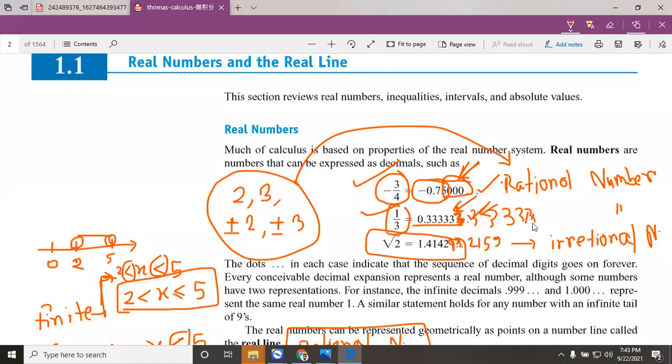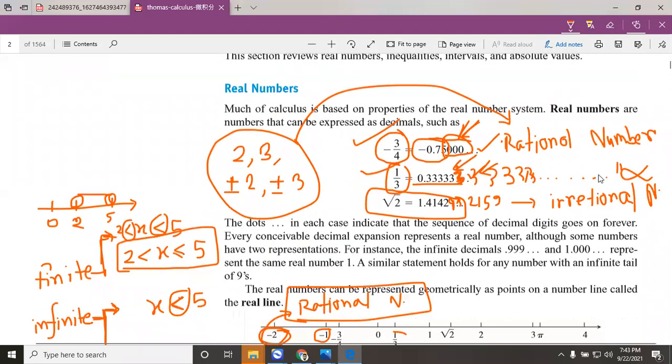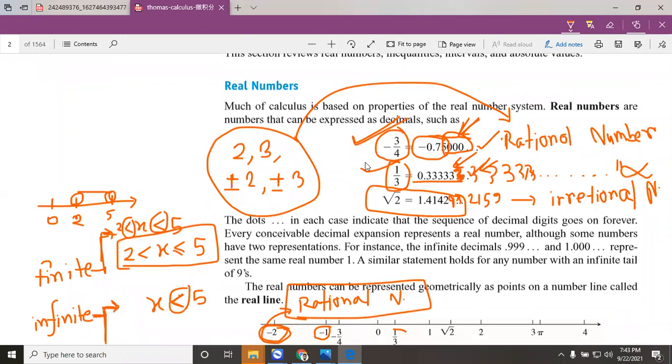So far we get an infinite number of 3s, okay. So this is also a rational number.